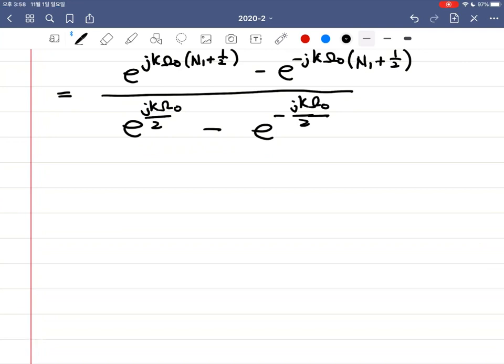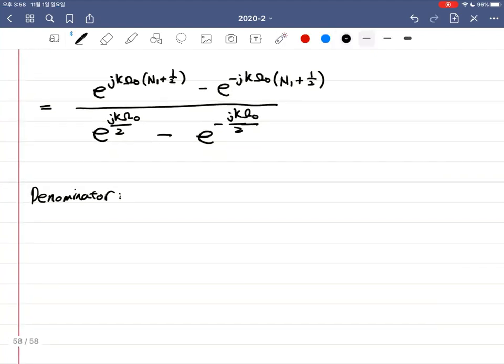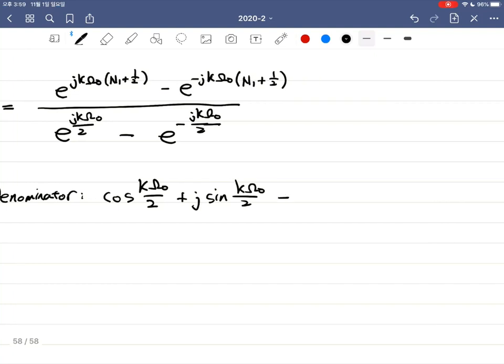So what happens to the denominator first? I'm going to do the denominator first, and if I use this Euler's relation, then I will have cosine of k omega 0 over 2 plus j times sine of k omega 0 over 2, and minus cosine of the same thing, because cosine is an even function and the minus sign cannot do anything.